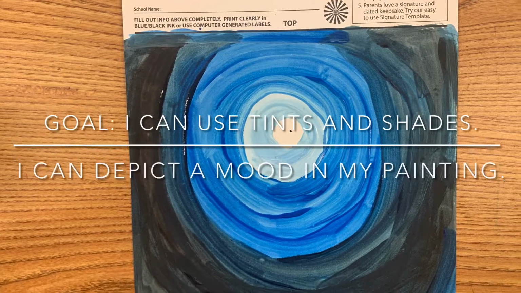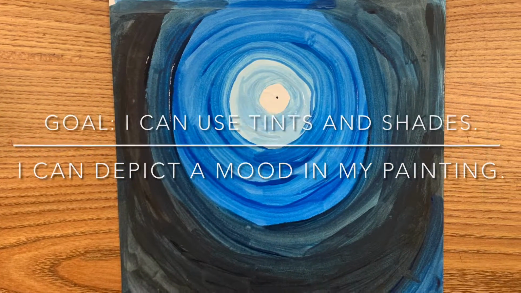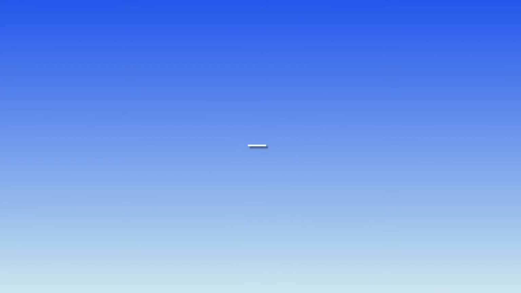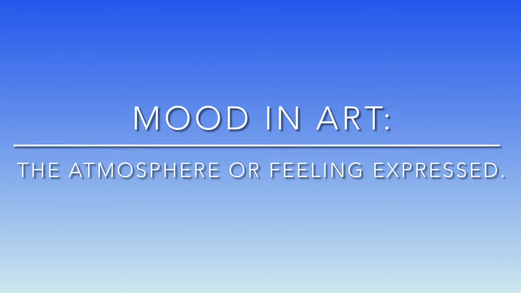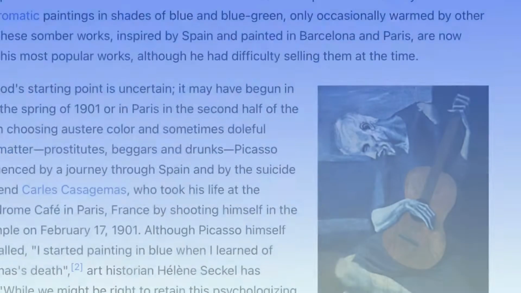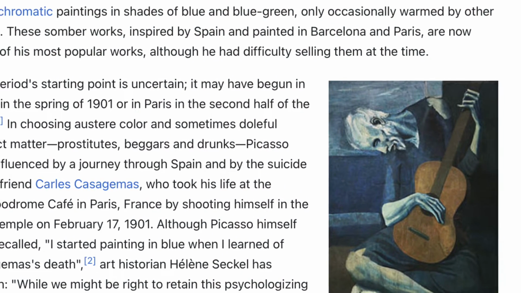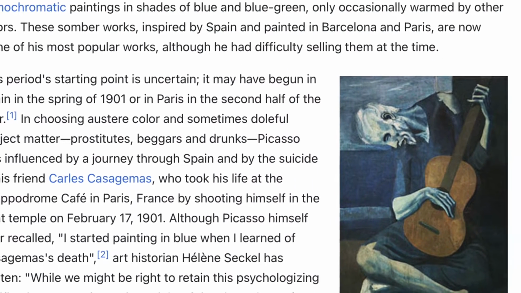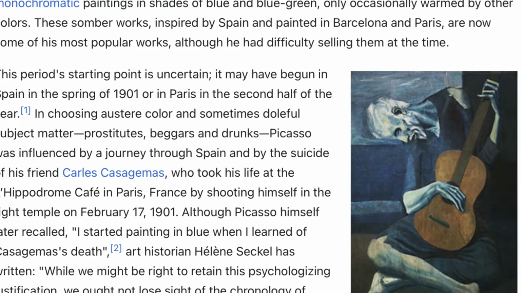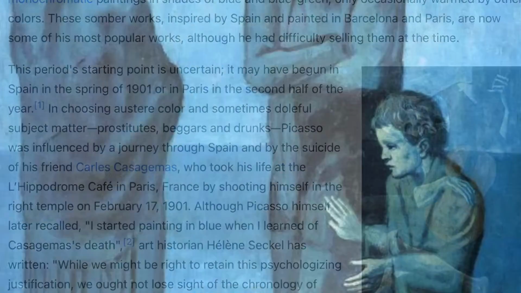Hello everybody, welcome back. Today we're going to talk about tints and shades and also the mood in art, the atmosphere or feeling expressed. Let's look at this artist known as Pablo Picasso, a Spanish artist from the 1800s.